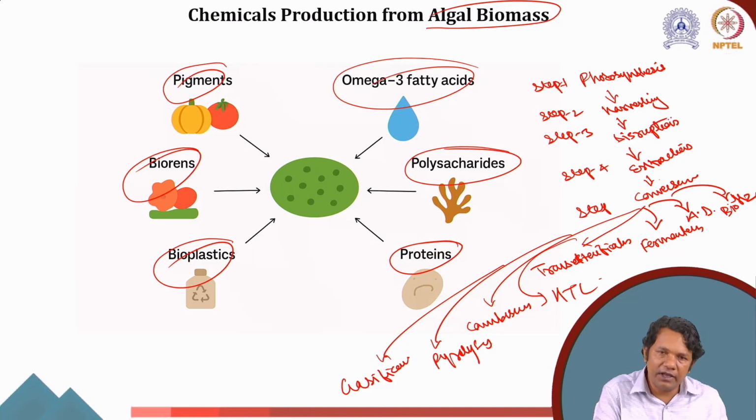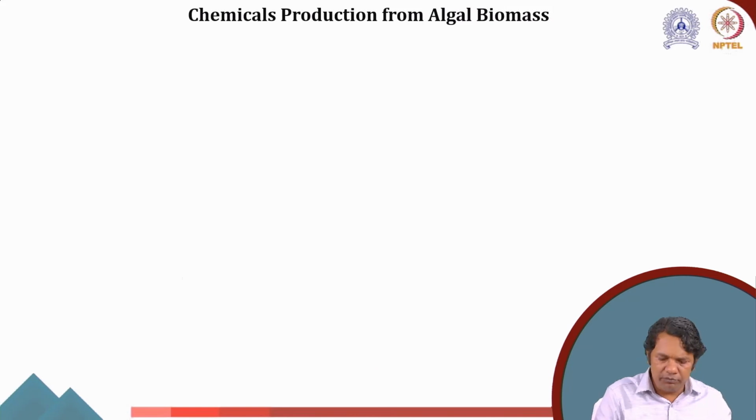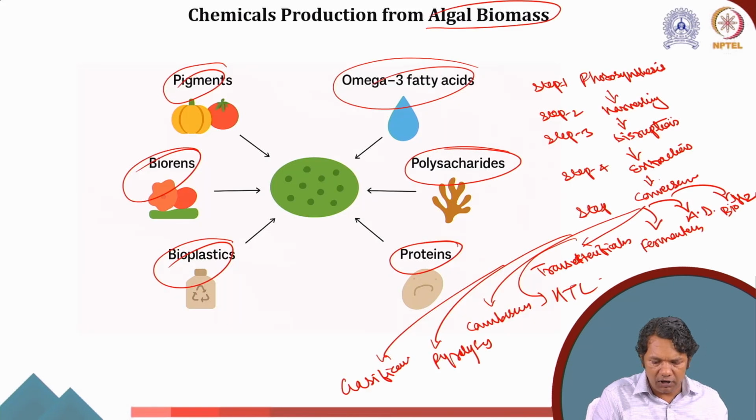Otherwise, we will end up losing a lot of money that we could have earned by making an integrated biorefinery that produces both fuels and chemicals. The major products are pigments, proteins, bioplastics, polysaccharides, and omega 3 fatty acid.